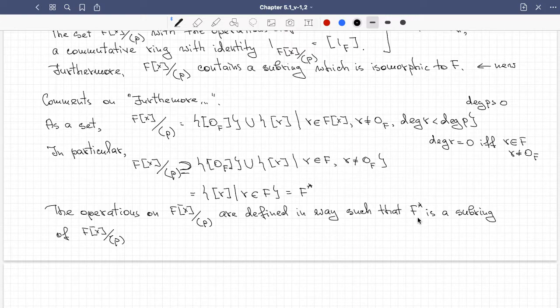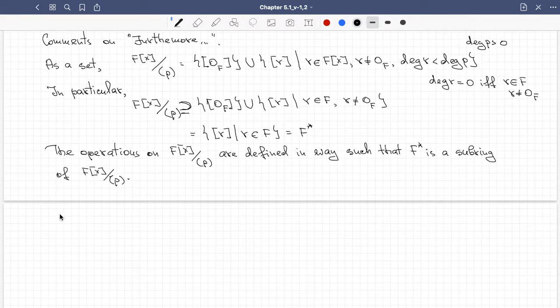So F star becomes a subring, and this subring is isomorphic to F. The isomorphism looks as follows: we make a map from F to F star, take an element A and map it to A in brackets.